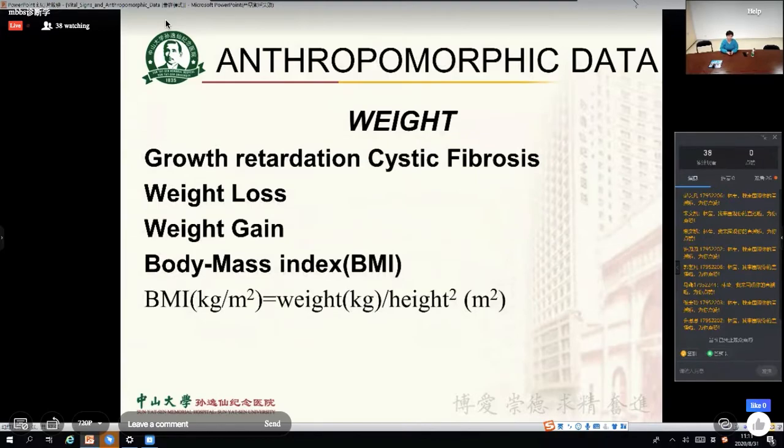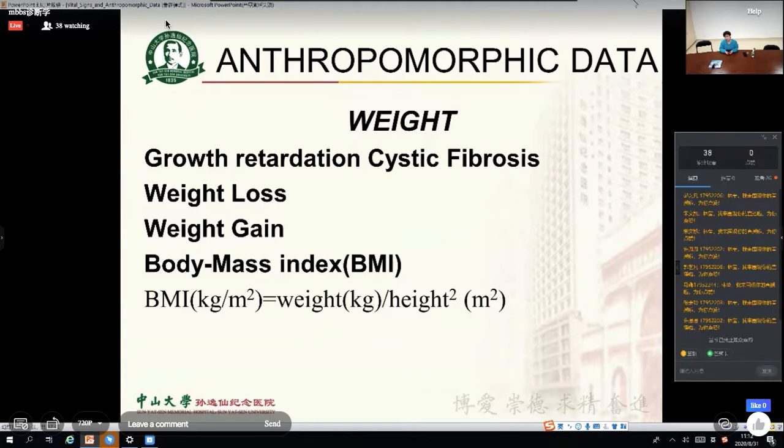Besides height, we also need to measure the weight of the patient when we admit the patient to the hospital. In different situations the patient may gain excessive weight or lose weight. We can see growth retardation, cystic fibrosis. This is the disease situation.